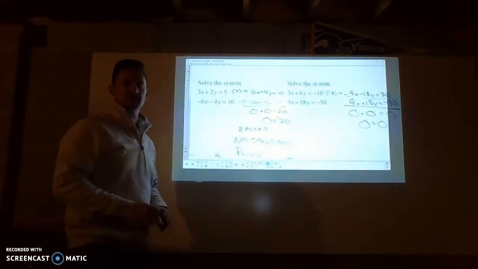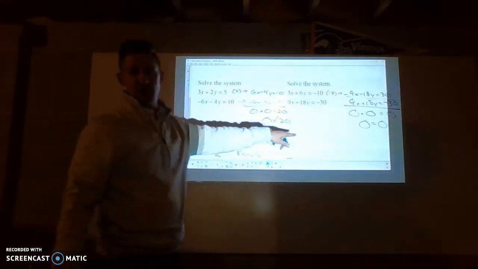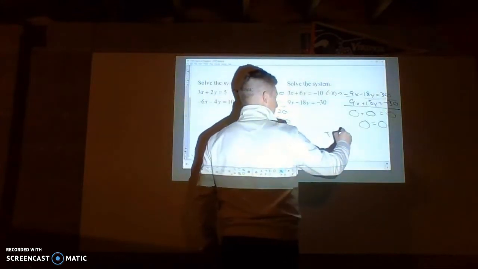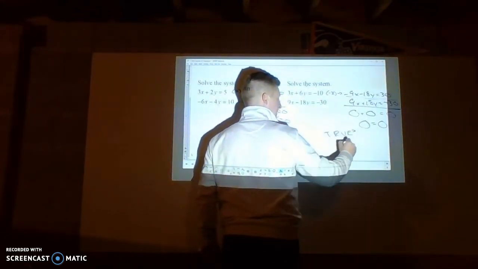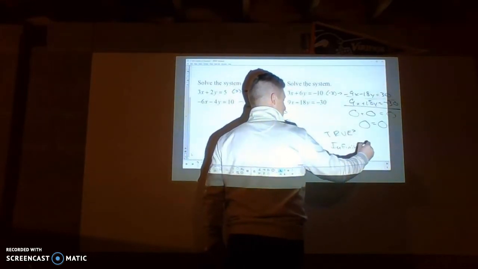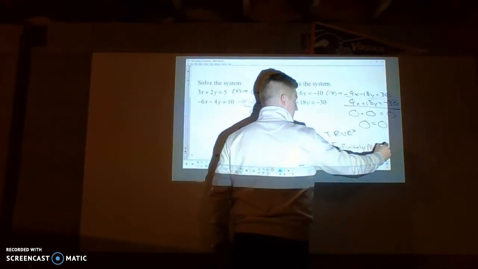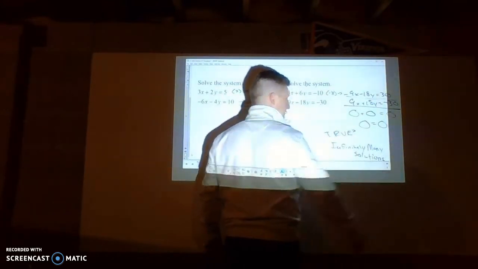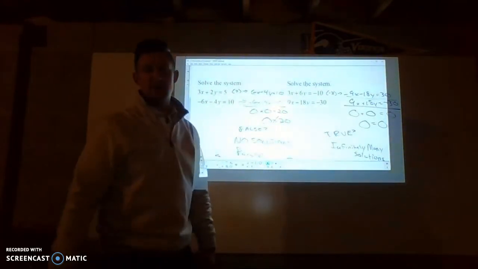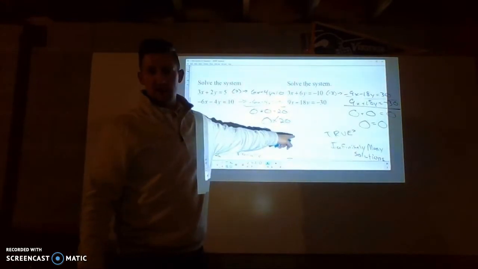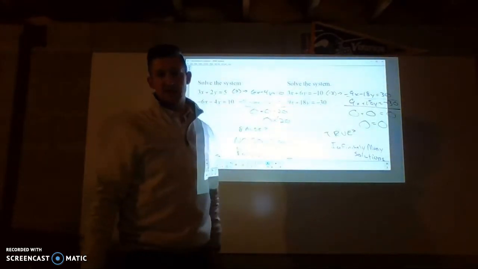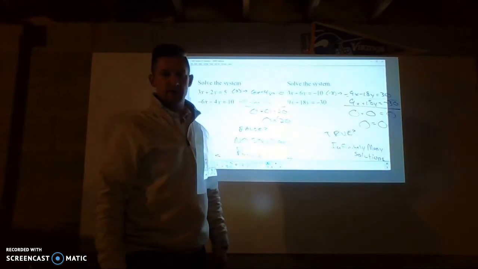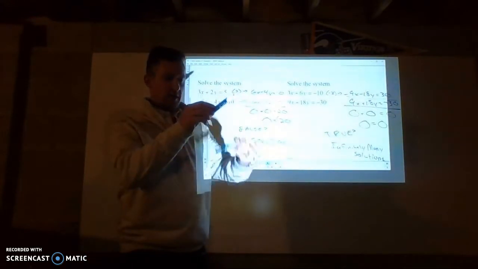The variables disappear, but what I'm left with is a true statement in this case. If I end up with a true statement, that means there are infinitely many solutions. You wouldn't say all real numbers because that wouldn't be accurate. Graphically, these two equations represent the exact same line, with one line right on top of the other.